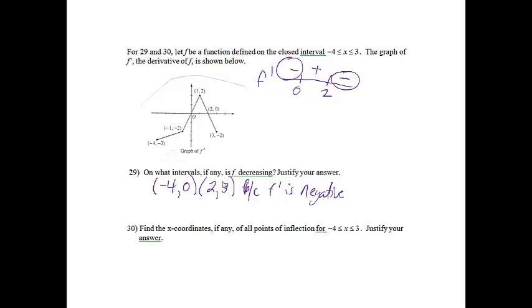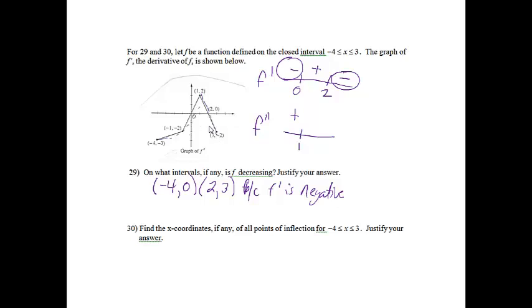Okay, number 30 asks for points of inflection. For points of inflection, we need f double prime. And I know if I'm at f prime and I'd like to get to f double prime, I'm going to look at the slopes of the curves. I know that the slopes are positive because my graph is going up until I get to 1. So positive till I get to 1.